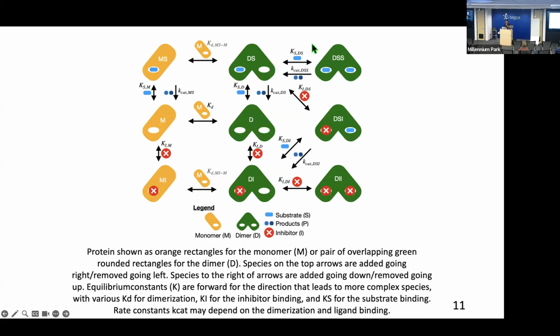I guess I'll just explain this diagram a little bit, in that there are different possible species if you have a solution that contains your protease and a substrate. That's the stuff that the protease processes and breaks up to make products.